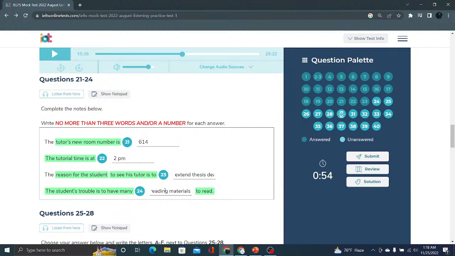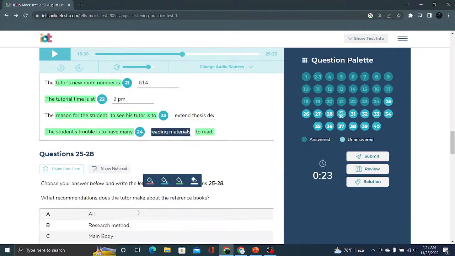So the sentence is saying the student's trouble is to have many, okay, and he was saying he's facing too many reading materials. So many reading materials, here is many and we have to write reading materials. I hope you got the answer.